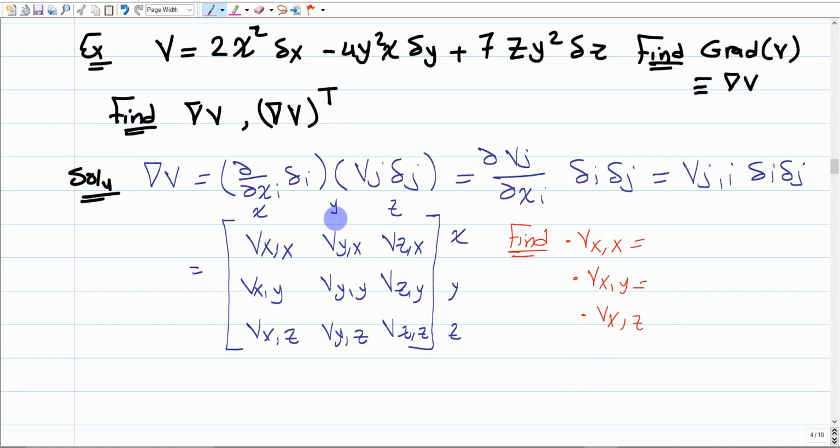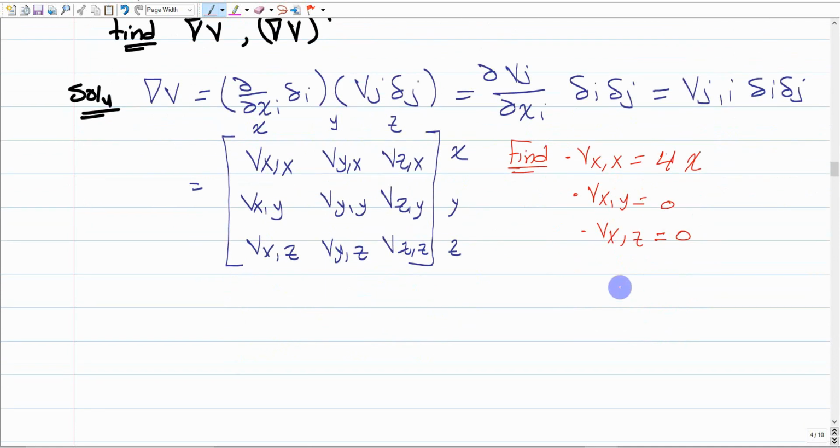So the x derivative of vx, which is this one, should give us 4x, right? So this should give us 4x. How about the y derivative of the same term, vx, which is 2x squared? It should be 0. There is no y. The derivative with respect to z of vx should also be 0 because there is no z in the vx term.